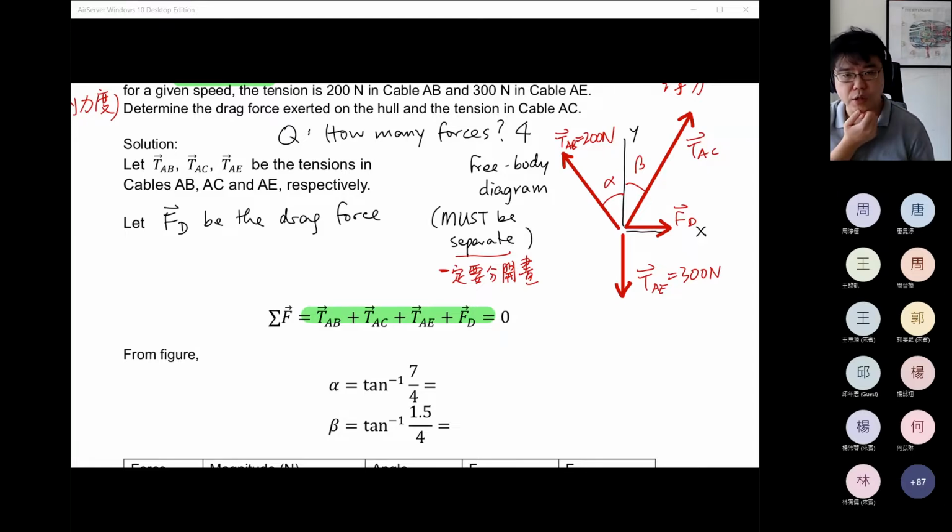It's very important to draw figures right. As I've said, if a question has 10 points or 10 marks, the figure will count at least 3. Is that okay? So always draw figures if it has equilibrium.